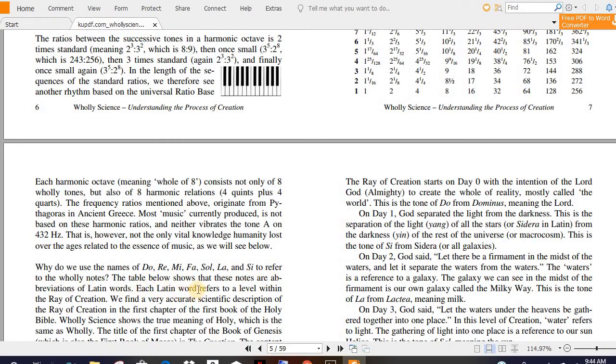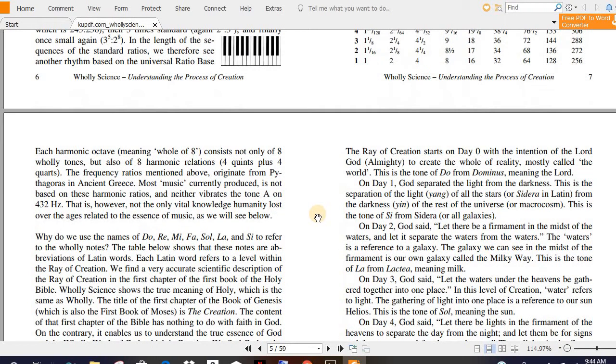The table below shows that these notes are abbreviations of Latin words. Each Latin word refers to a level within a ray of creation. We find a very accurate scientific description of the ray of creation in the first chapter of the book of the Holy Bible. Holy science shows the true meaning of holy, which is the same as whole. The title of the first chapter of the book of Genesis, which is the first book of Moses, is the creation.